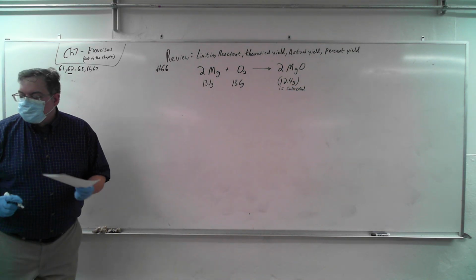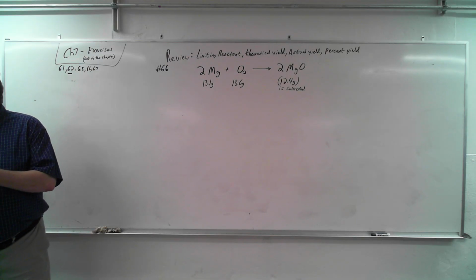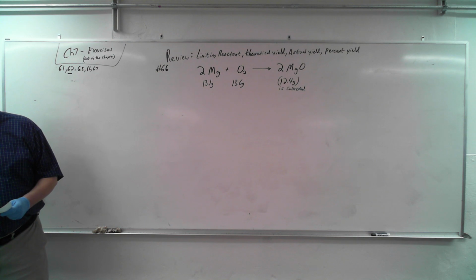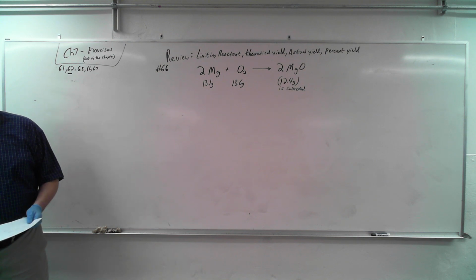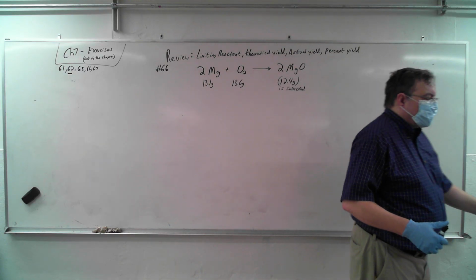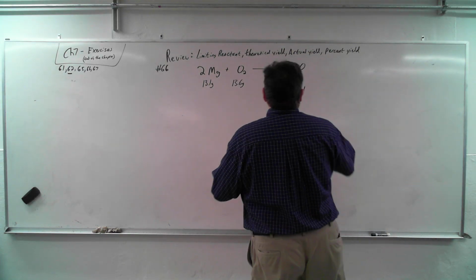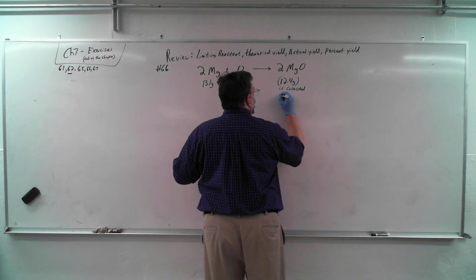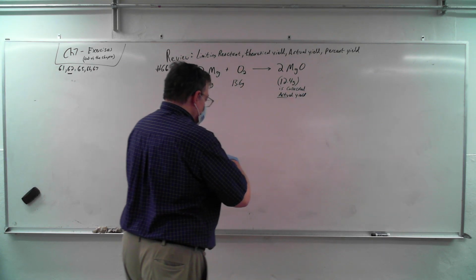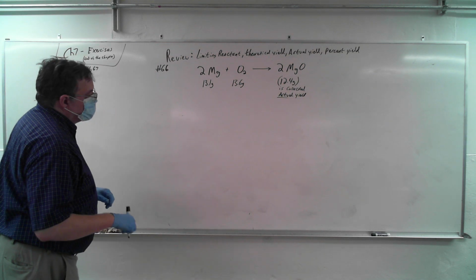It didn't call it the actual yield. You're just supposed to understand that that's the actual yield, because that is actually what was collected. We still have to calculate a theoretical yield, but because we've been given this, we can also calculate a percent yield. So this is the actual yield. We'll use that in a little bit.